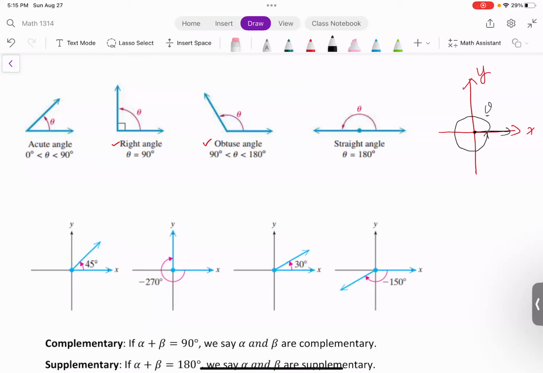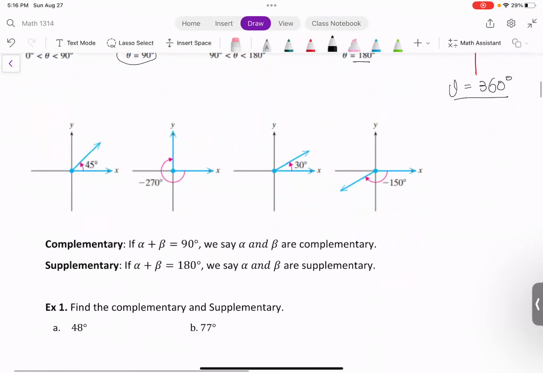That's one full rotation. Theta equals 360. That means one full rotation is 360, and half, from here to here, is 180, and one quarter of the full rotation is theta equals 90 degrees.